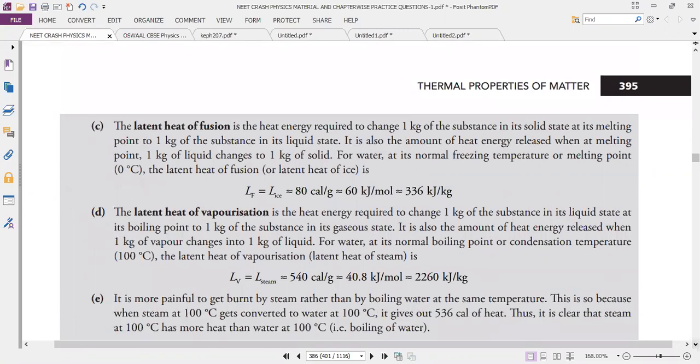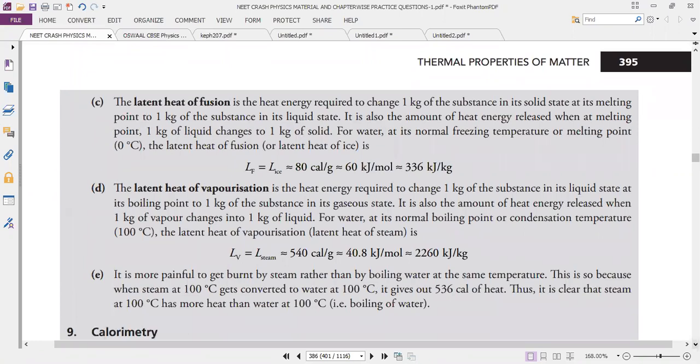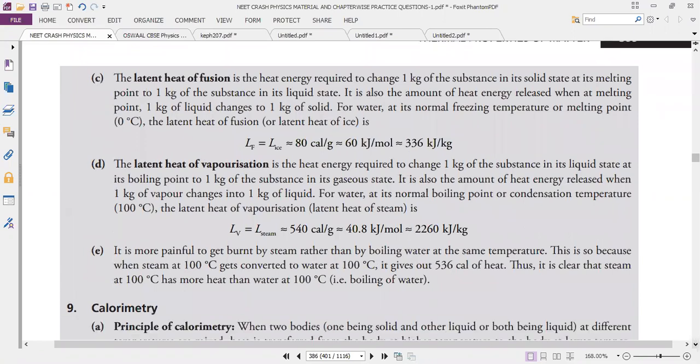Next one, latent heat of fusion, latent heat of vaporization, the formula and the value. For the fusion 336 kilojoule per kg.